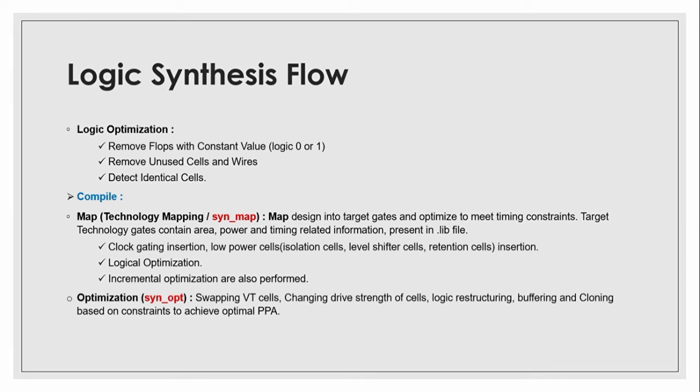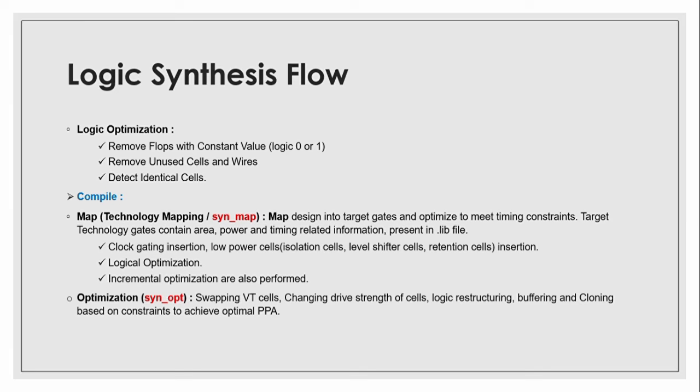Sometimes a mux can be used as a clock gate, and the library file also has a separate set of integrated clock gating cells, that is ICGs, where a latch is connected to an AND gate. That kind of code is already written in the RTL file, and based on that the generic gates are converted, and from the generic gates that information will be converted to the target based gates.